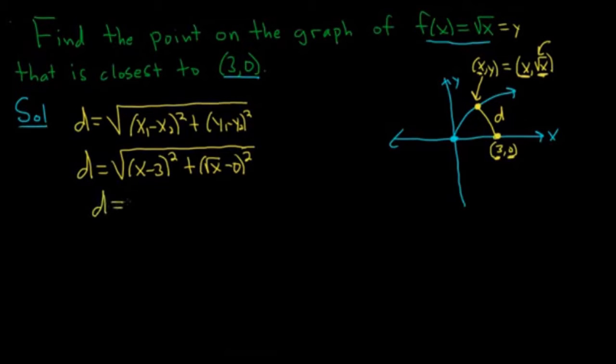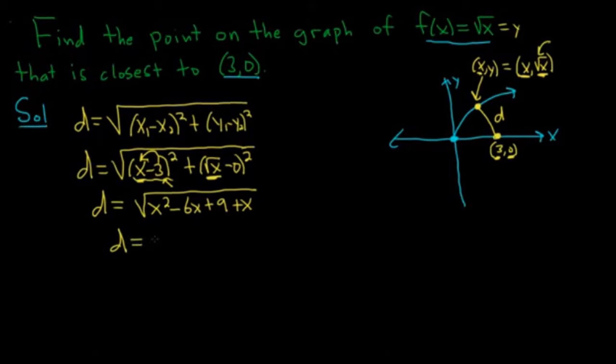Let's clean this up. If you multiply this out, you square the x, so you get x squared, you multiply and double to get minus 6x, and then you square the 3, so plus 9, then you square the square root of x, so you just get x.